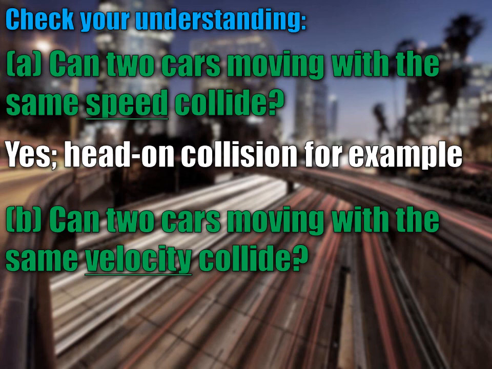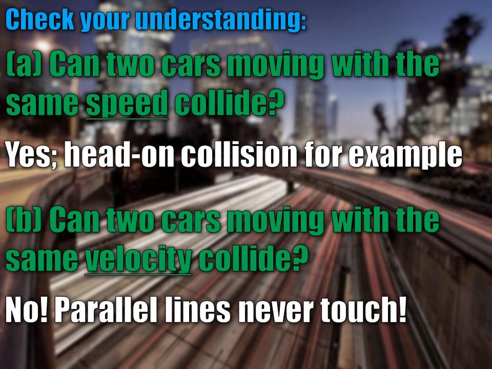Two cars that have the same velocity have the same speed and are traveling in the same direction. So unlike the case where they have the same speed, two cars at the same velocity can never collide because these cars would be moving in the same direction. Their paths would be parallel. They could never touch. These cars could not collide with each other.